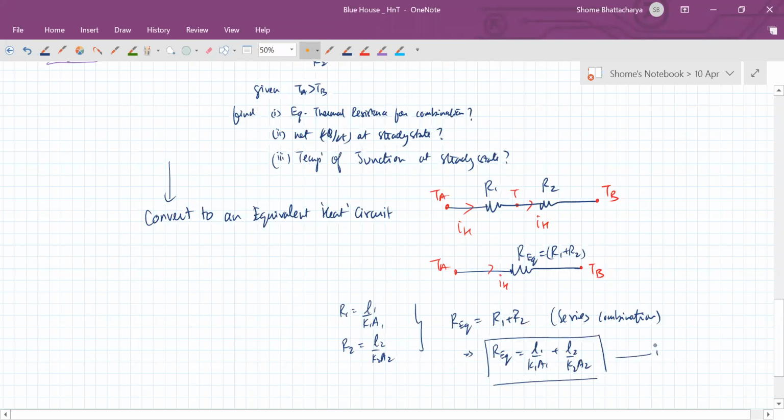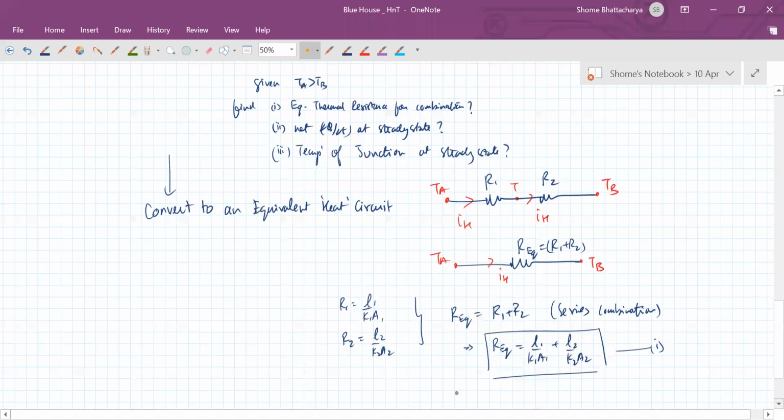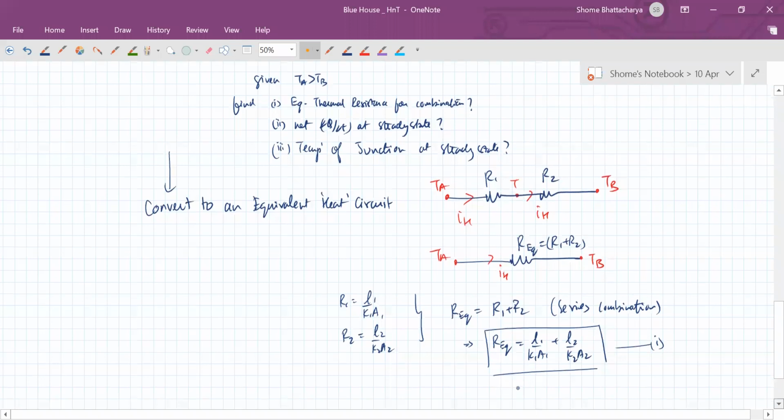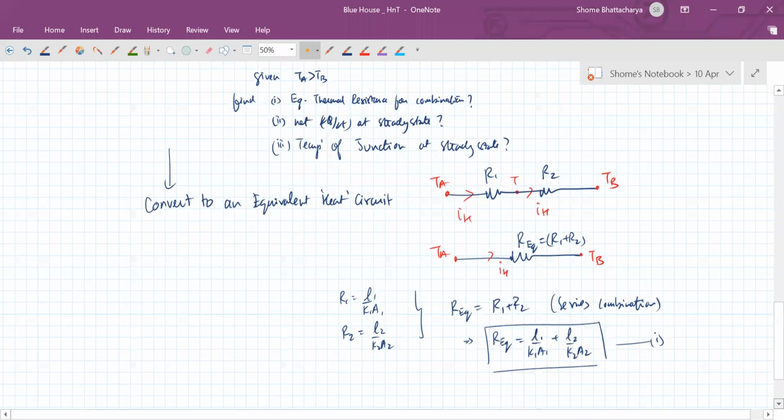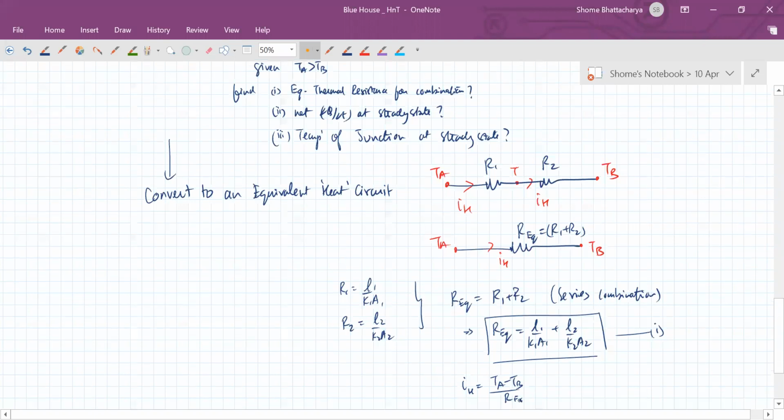This becomes the answer to the first part. Therefore the thermal current will be the temperature difference divided by the equivalent resistance. So this becomes the answer to the second part: the net rate of heat flow through the combination will be this temperature difference divided by this.